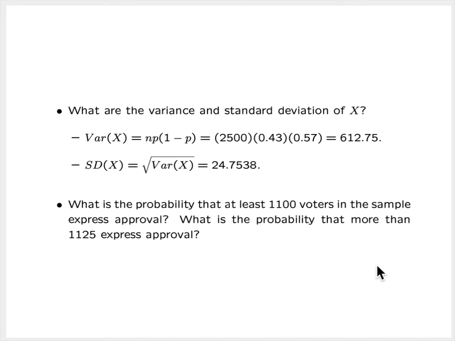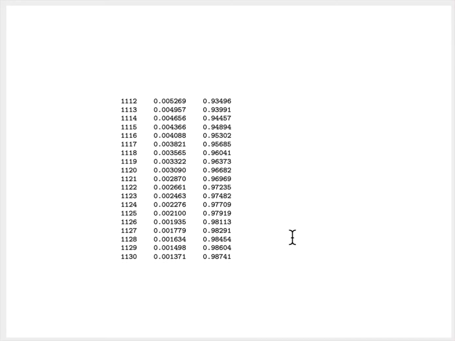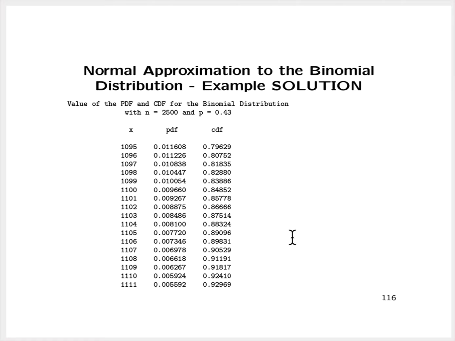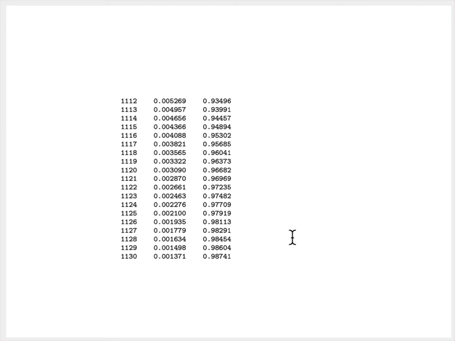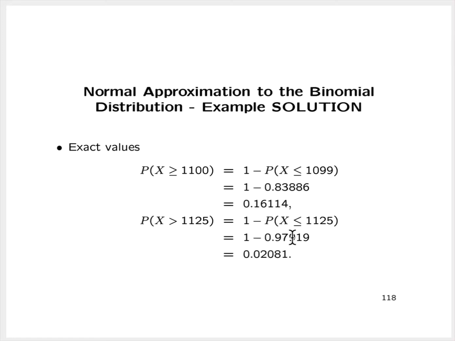All right, now what is the probability that at least 1,100 voters in the sample express approval, and what is the probability that more than 1,125 express approval? We're going to get these values from the values of the CDF that I computed using SAS. So here are the exact probabilities rounded to 5 decimal places.